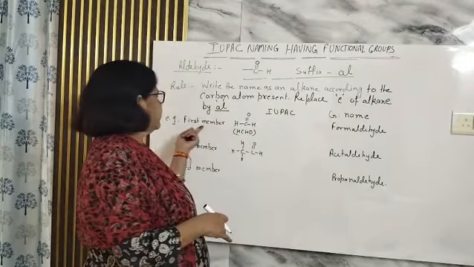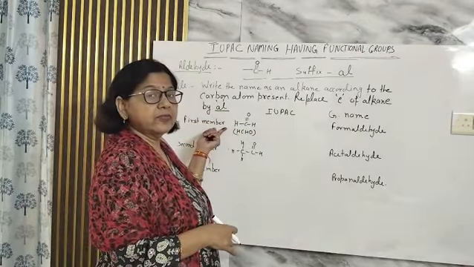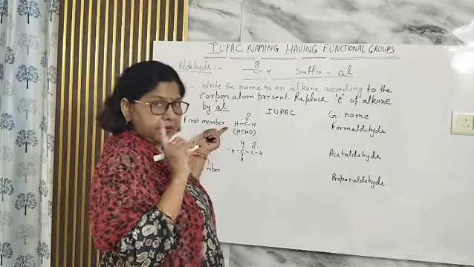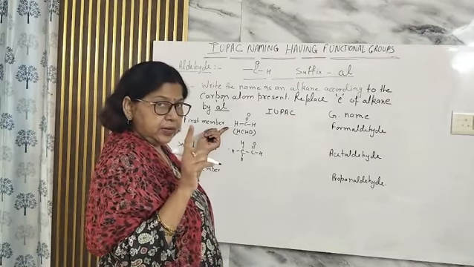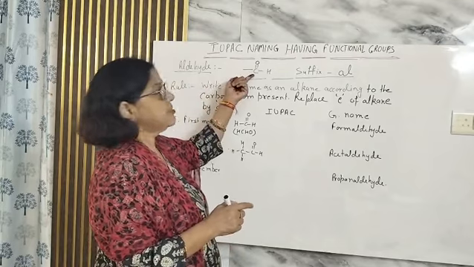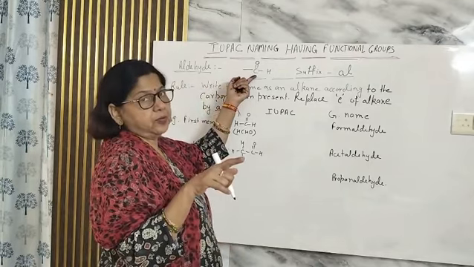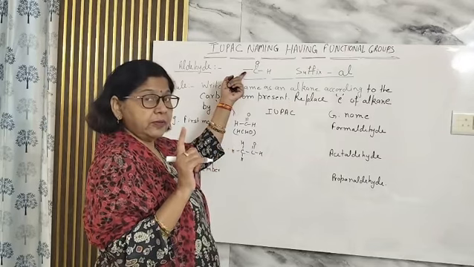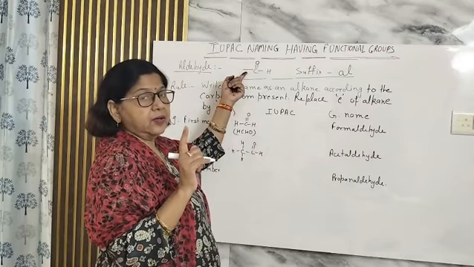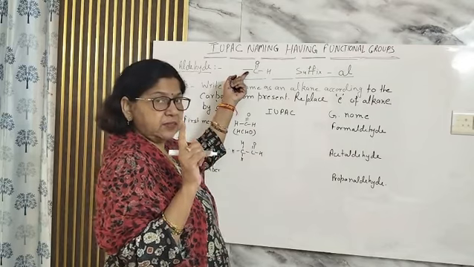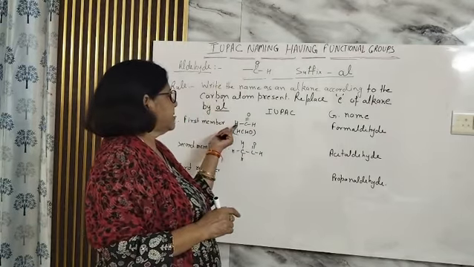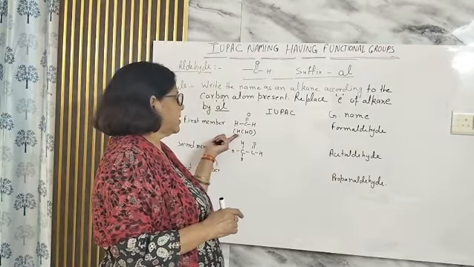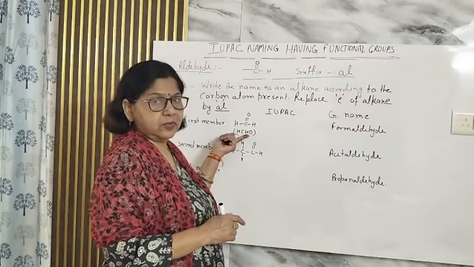The first member of the homologous series of aldehyde should have only one carbon, point to be noted, and that carbon is present in the functional group. That means here what will be there? Only hydrogen. That element is having valency 1. So what is that? HCHO. HCHO is the first member of this homologous series.